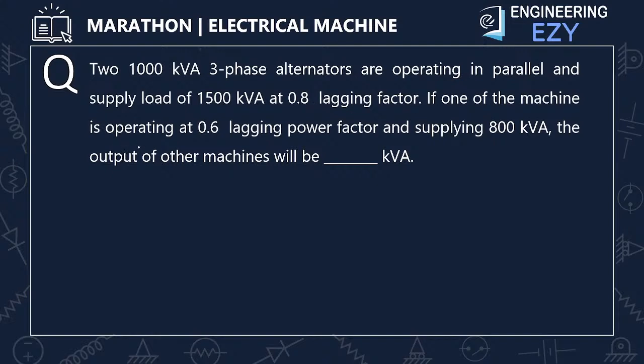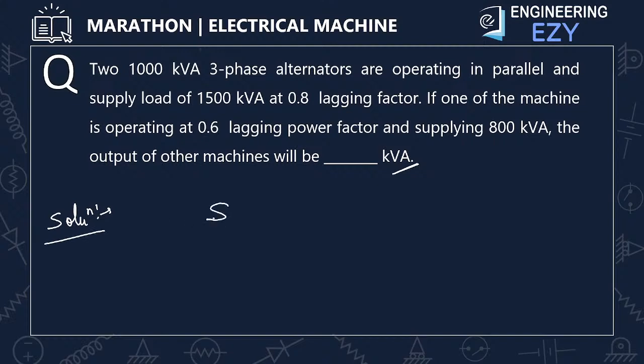If one of the machines is operating at 0.6 power factor lagging and supplying 800 kVA, you have to calculate the output of the other machine in kVA. Easy question, you can simply solve.